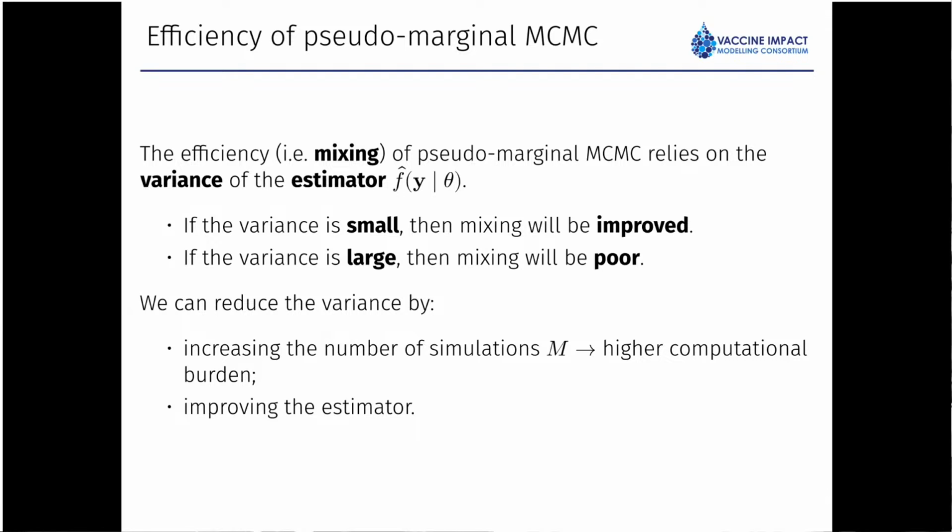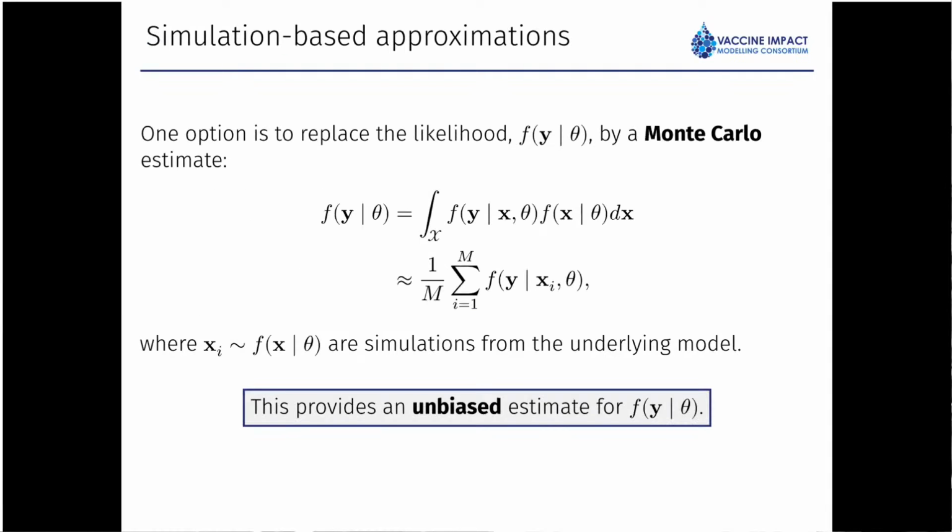So if we do pseudo-marginal MCMC, we also need to think about the variance of this estimator, okay? And generally, to reduce the variance in a Monte Carlo scheme, don't know if you remember yesterday, we saw that graph where the Monte Carlo variance gets smaller as the number of samples gets bigger, okay?